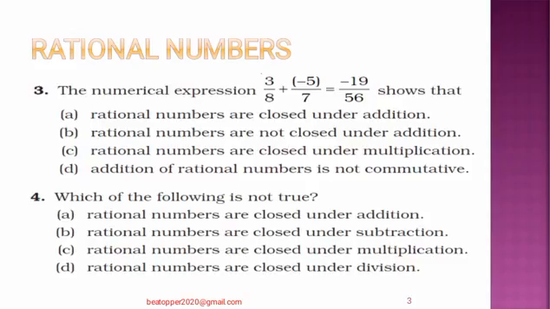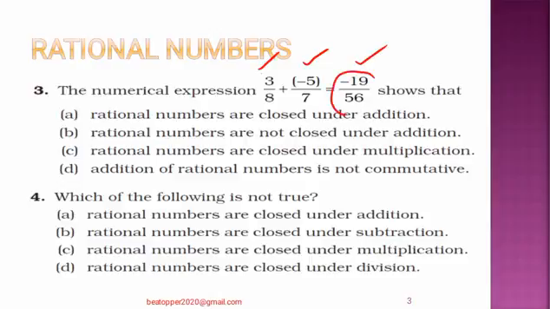Next question. The numerical expression 3 by 8 plus minus 5 by 7 equals minus 19 by 56 shows that, actually, this deals with the closure property. What is the closure property? Here the first number 3 by 8 is a rational number, minus 5 by 7 is another rational number. Then what is the result obtained?